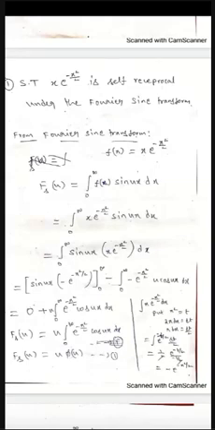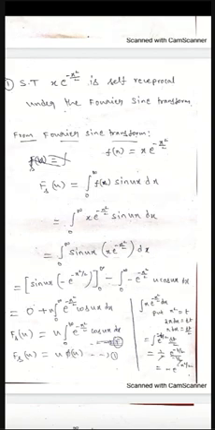In place of f of x, I can write x e power minus x square by 2 sine ux dx. There are two functions multiplied: one is sine ux, another is x e power minus x square by 2.